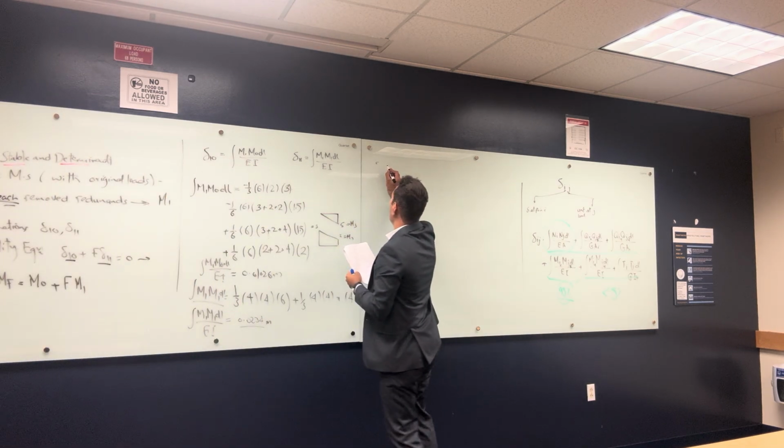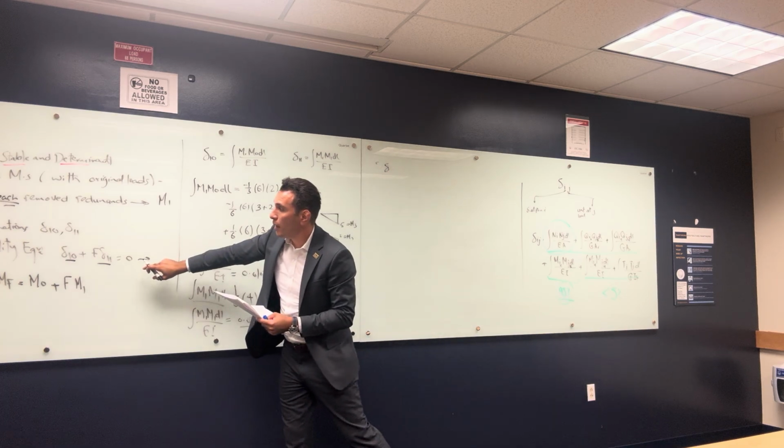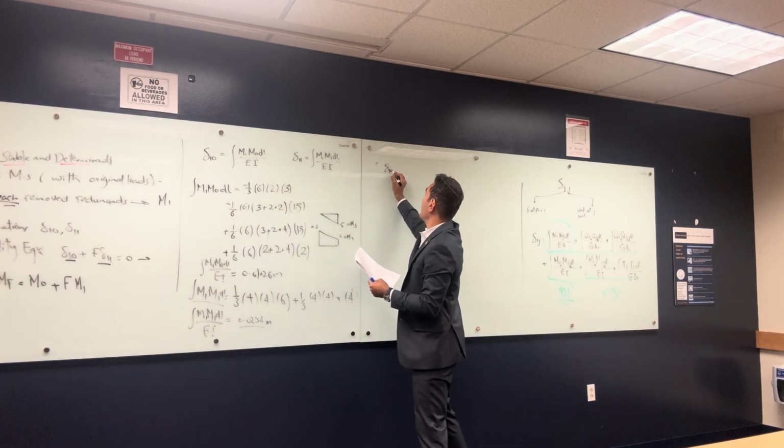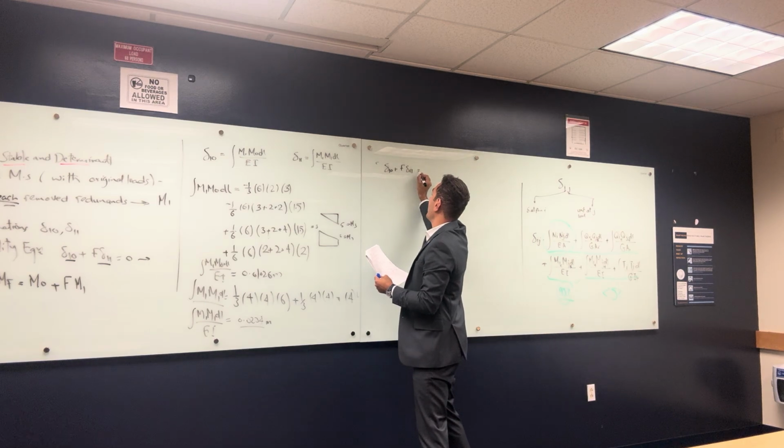Okay, finally you substitute like this step, apply the compatibility equation, delta 1O plus F delta 1 equal to 0.